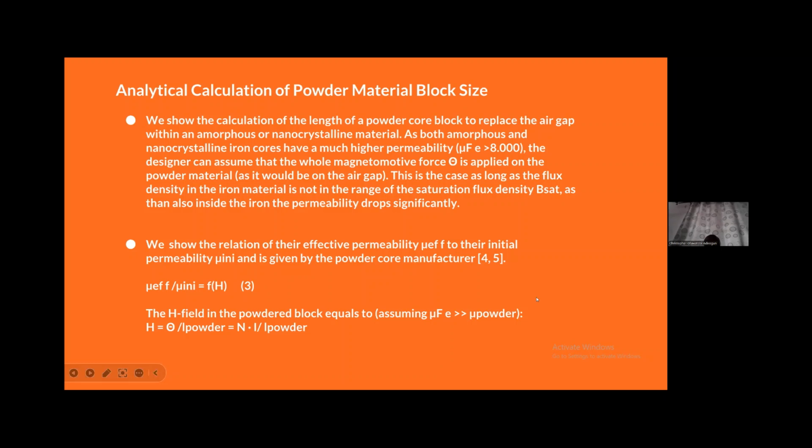The H field in the powder block equals theta over L powder, equal to capital N times I over L powder. We are assuming that mu Fe is much greater than mu powder in this equation.